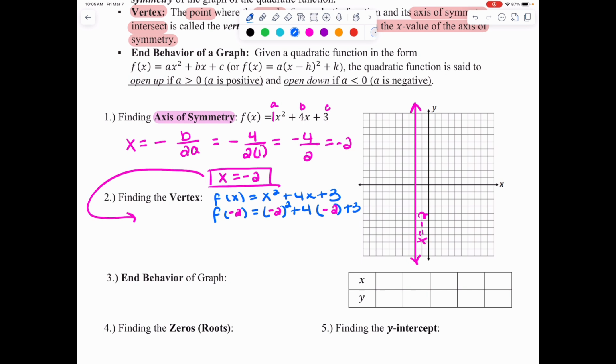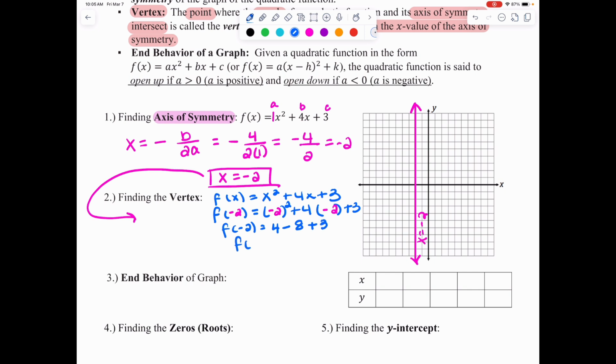So you find your axis of symmetry first. That gives you the x value. You then use the quadratic equation itself to plug in your x value and find your y value. Okay, so we've got f of negative 2 equals negative 2 in parentheses squared is 4. 4 times negative 2 is minus 8, and then plus 3.